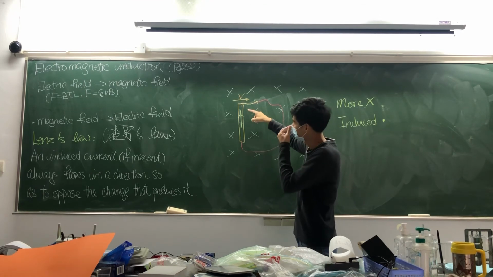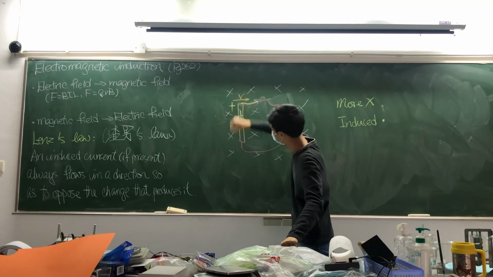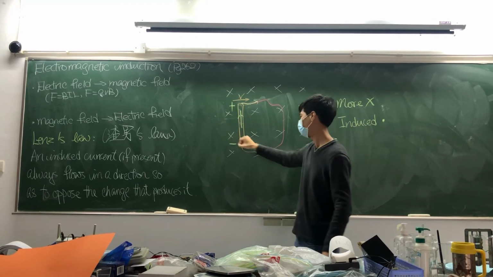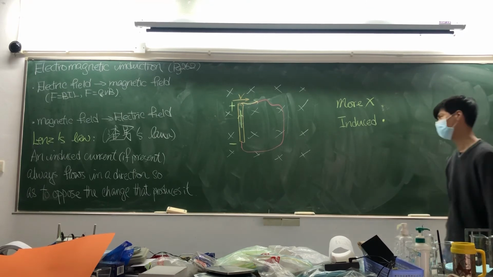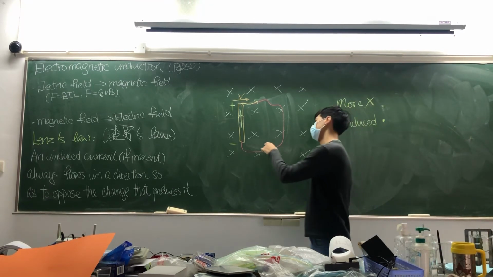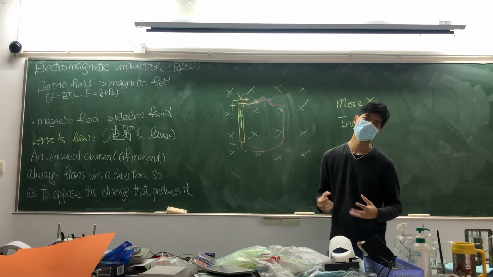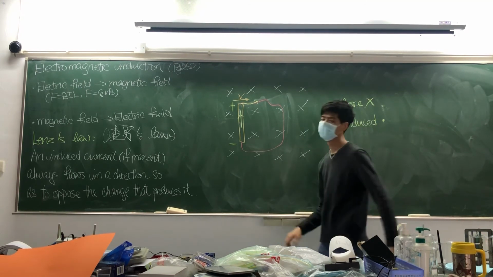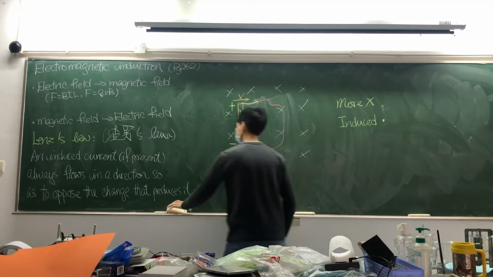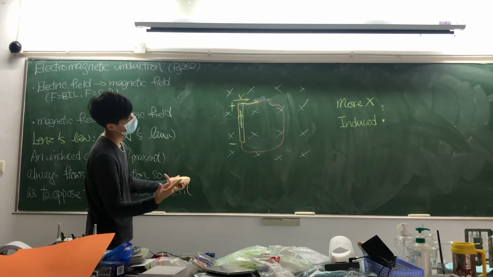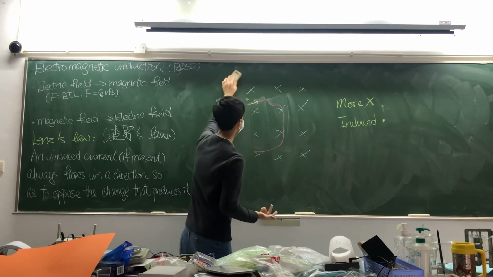Current flows out from the upper end, so the upper end is the positive terminal, and the lower end is the negative terminal. So this is the method for you to find the induced voltage of a single rod. Use the right-hand rule. And actually, you can use Fleming's right-hand rule to solve the previous case.